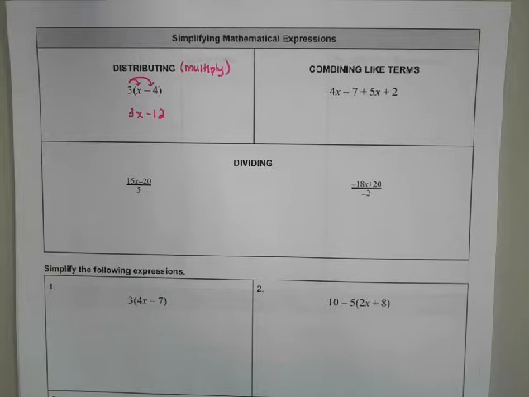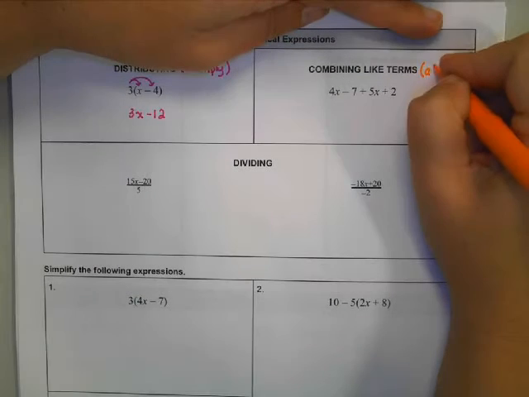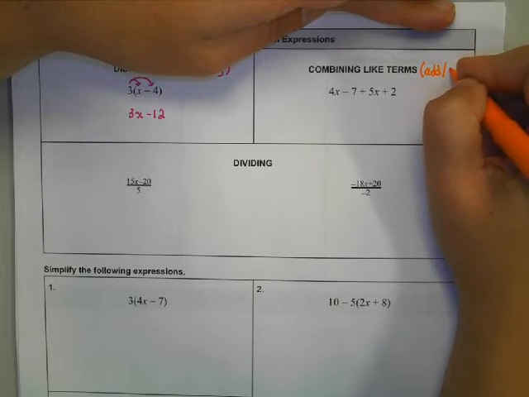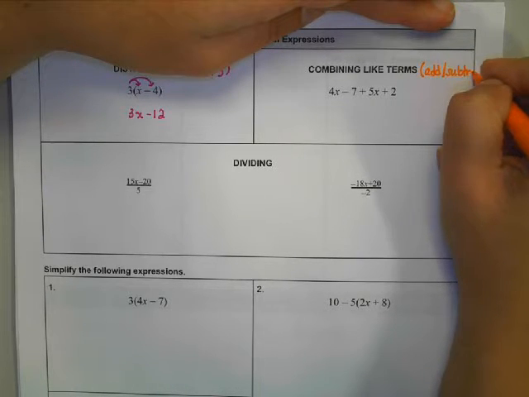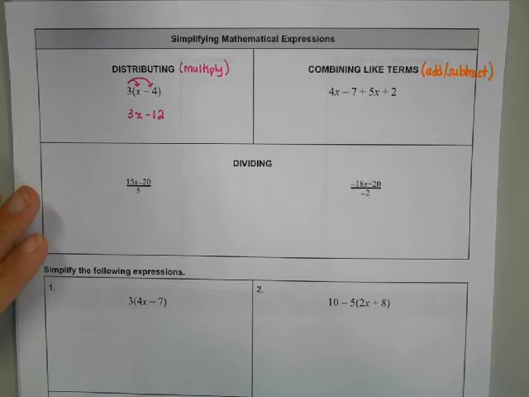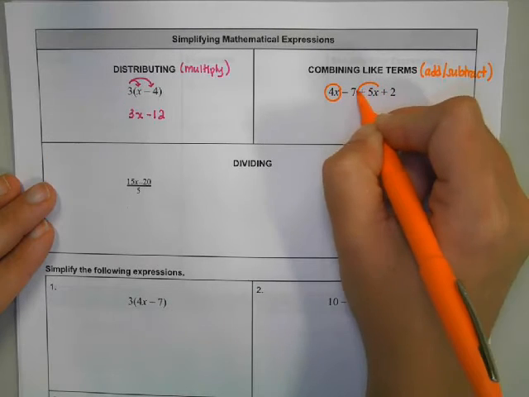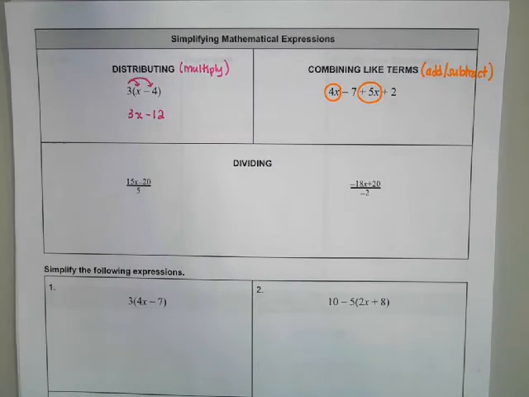Another thing that we've learned before is combining like terms. When we're combining like terms, we are adding or subtracting. Like terms are either plain old numbers by themselves or terms that have the same variables, for example, they might both have an x. In this problem, the 4x and the positive 5x are like terms.